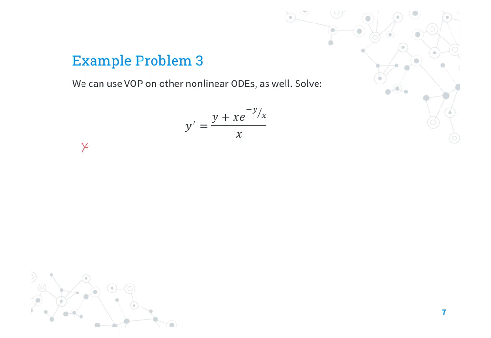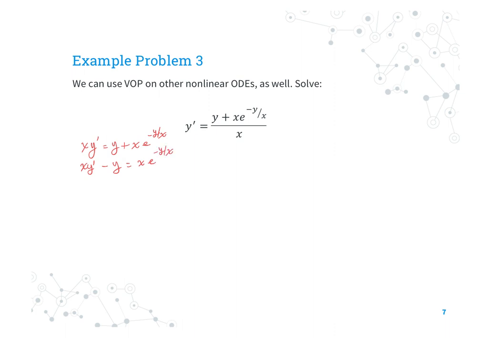If we multiply both sides by x, we get xy' = y + x e^(-y/x). So still not exactly what we're looking for. Let's move it around a little: xy' - y = x e^(-y/x).